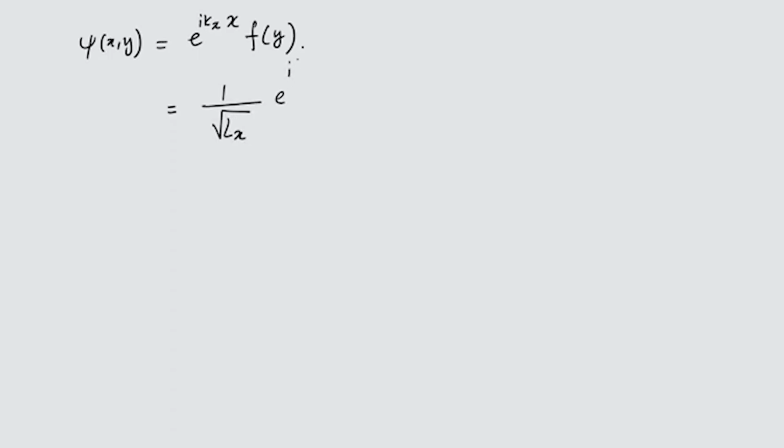I use a box normalization for the x direction. This is equal to exponential i kx x, and I do not try to normalize it here, it is not required. Let me write the normalization constant as a_n, not with a capital N because you have a small n there.